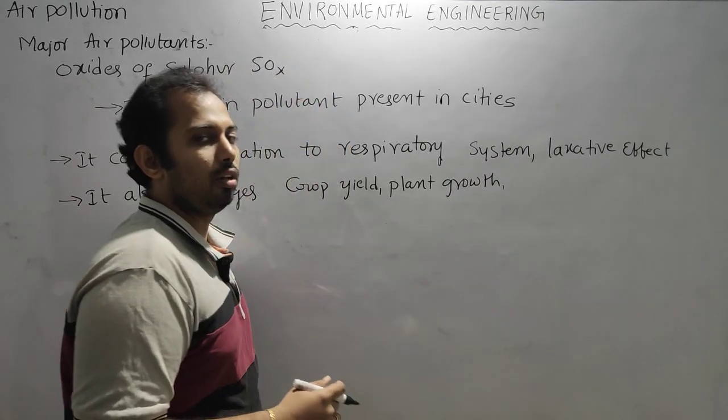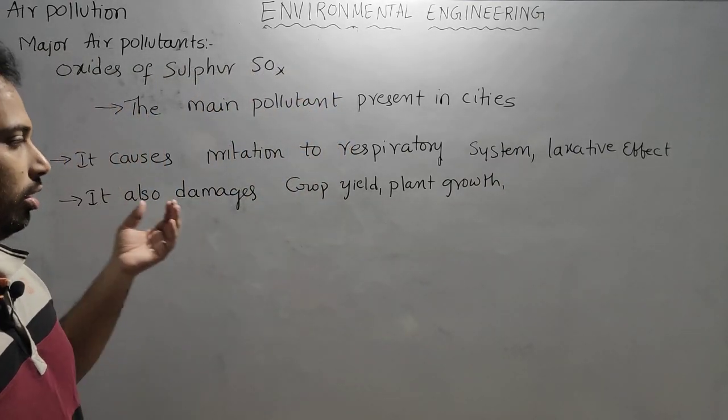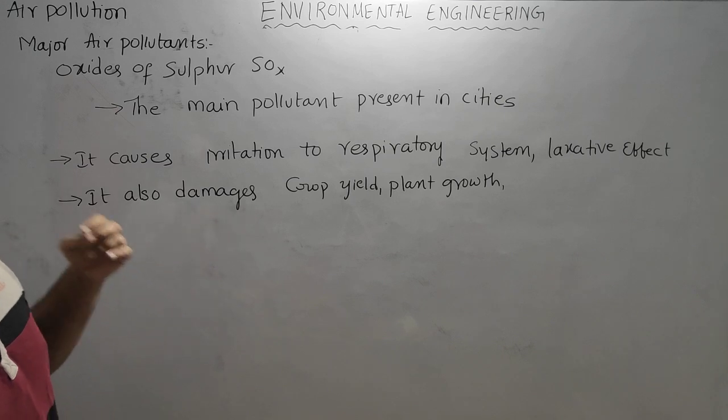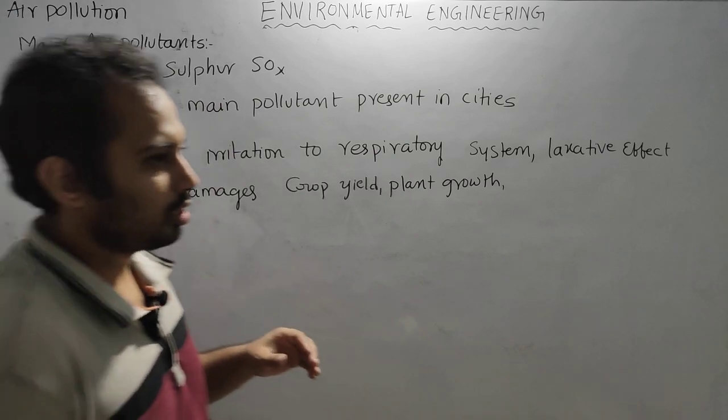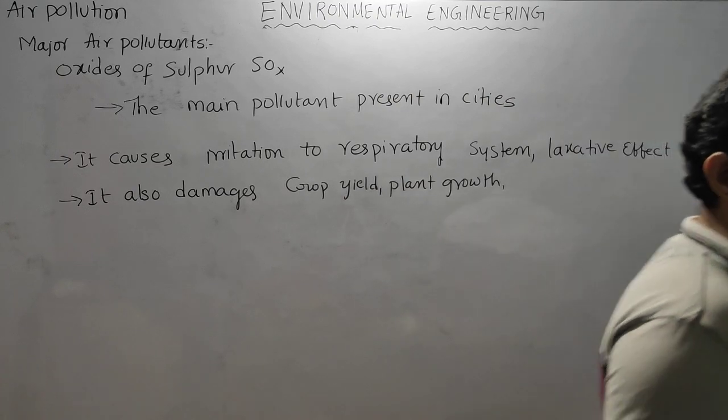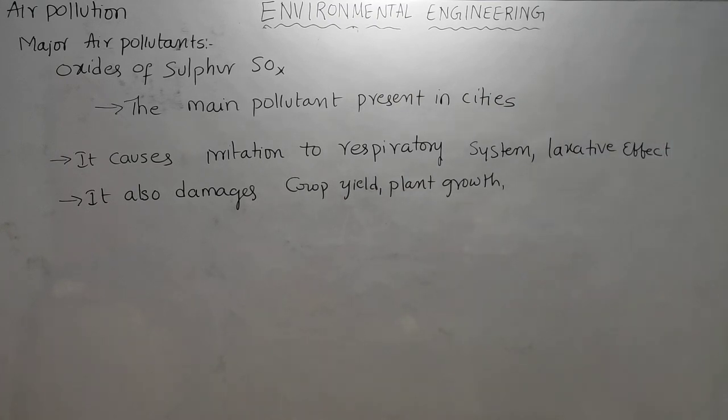It also damages monuments because of this sulfur dioxide presence. Because of sulfur dioxide or sulfur trioxide, even monuments and marble structures like the Taj Mahal will lose their color.